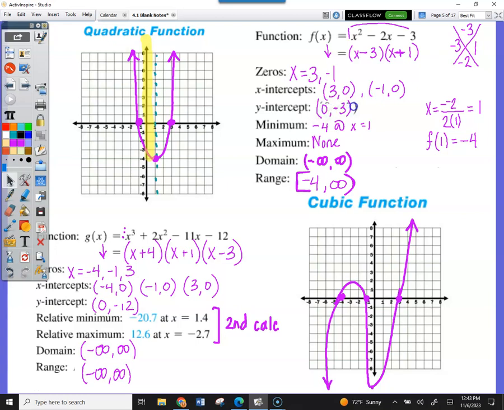Y-intercept right here. Oh Lord, what did I do? The y-intercept that's right here. The way that I found that, you might want to make this note because I don't have it written up there, is if it's the y-intercept, it's where it's crossing the y-axis, which means x is 0.